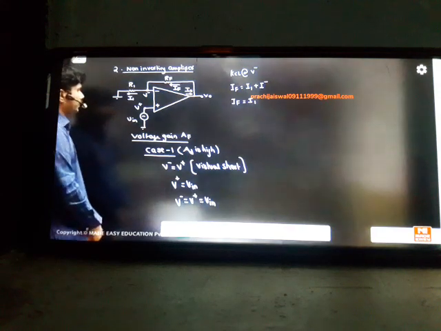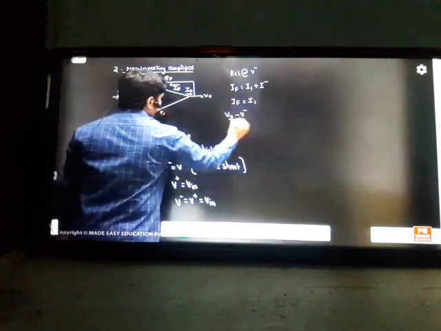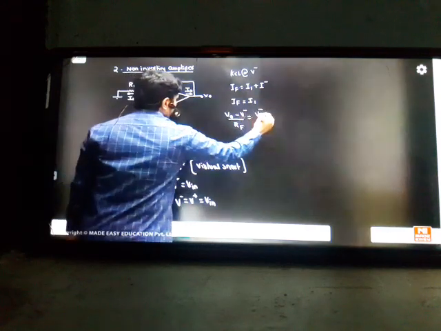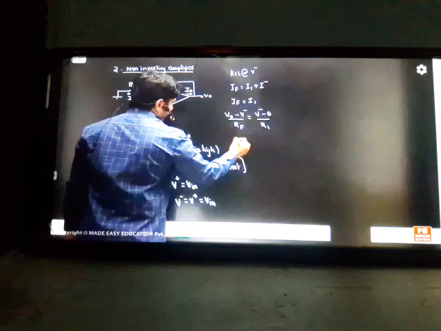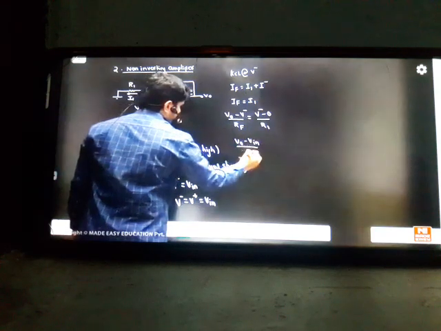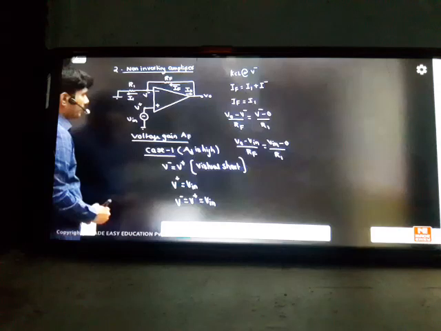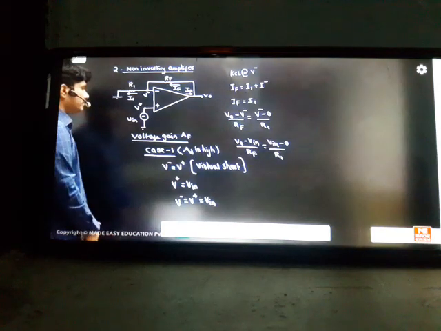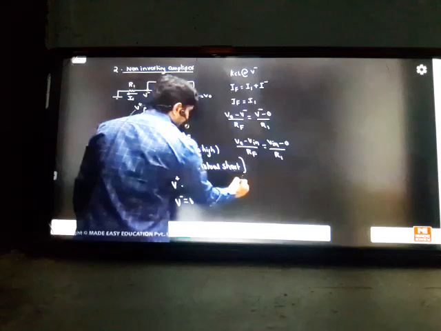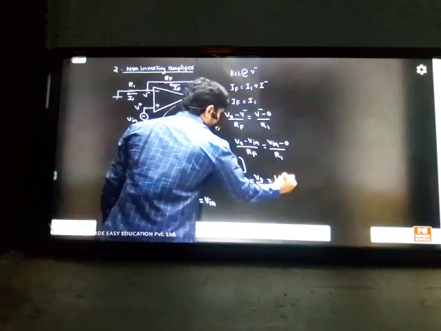Since IF is equal to I1, write the equation for that: V0 minus V minus divided by RF is equal to V minus minus 0 divided by R1. What is V minus here? It is VIN. So V0 minus VIN divided by RF is equal to VIN minus 0 divided by R1. So the transfer function we are getting here is AF equal to V0 by VIN, which is equal to 1 plus RF by R1.